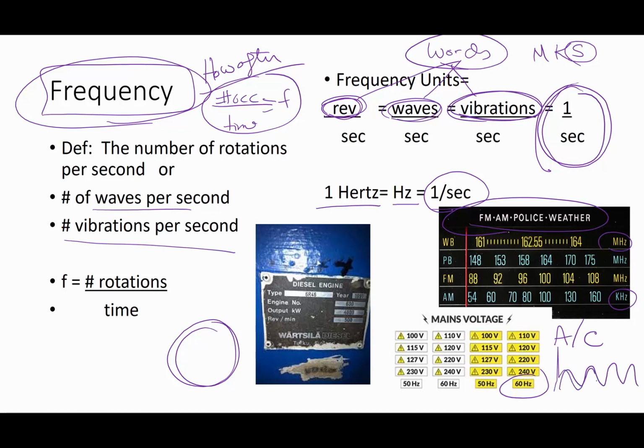That means it alternates up and down 60 times per second. Another place you're going to see frequency units often, you're going to see these, revolutions per minute. And revolutions per minute are handy, but trust me, you're going to have to convert those down into per seconds before you do an awful lot of math with them.